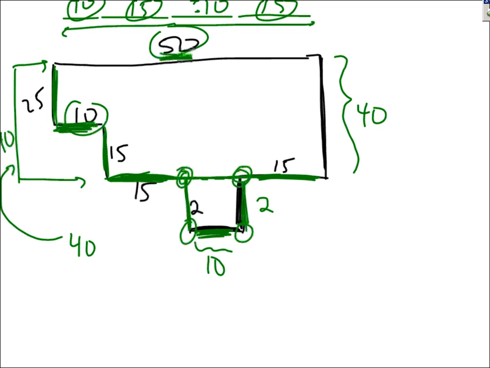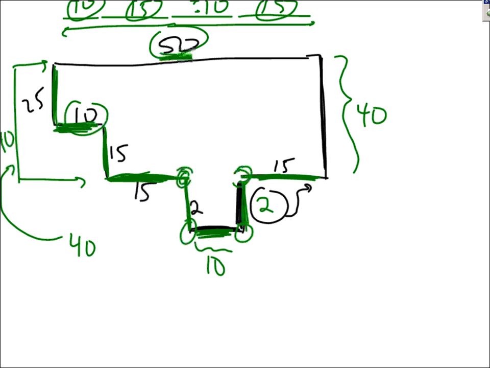Alright, now I have all the lengths. This piece in the middle is not really there. It helped us, but it's not there. Now, I would pick any number on the board and I would count or add up clockwise or counterclockwise. Maybe this time I'll pick the 2 and I'll go to the right.